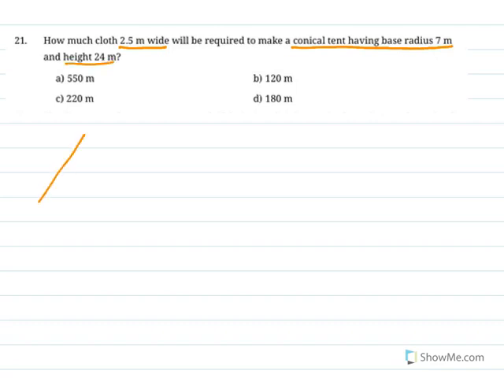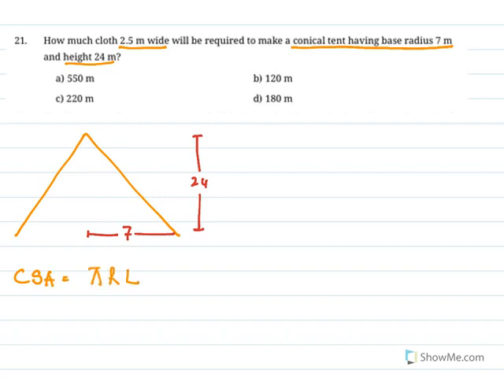How much cloth 2.5 meter wide is required to make a conical tent having base radius 7 meter and height 24? So here is my conical tent which I need to make, and the radius is 7 and the height is 24. Now to make the tent, I require the CSA. The CSA equal to pi r l, but the l is not given to me. Now how do I find the l? We have the formula r square plus h square equal to l square.